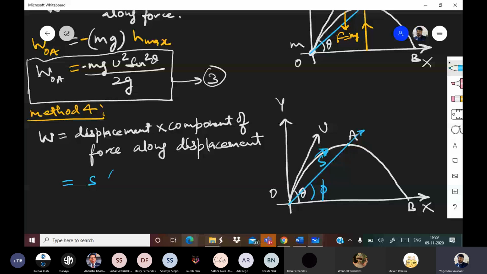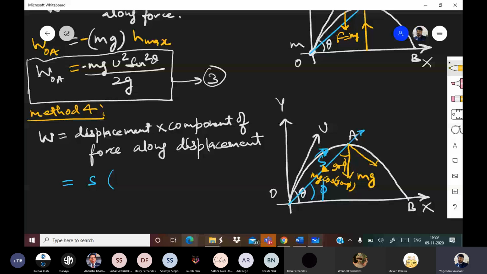Force is mg, which is acting downward, right? Now if this angle is phi, this will obviously be 90 minus phi. So component of force along this direction and along this direction. Along this direction it will be mg cos of 90 minus phi.